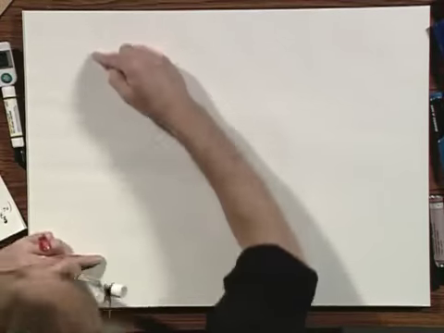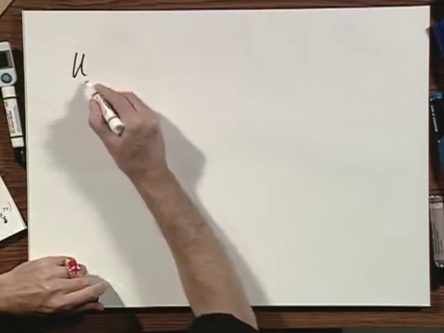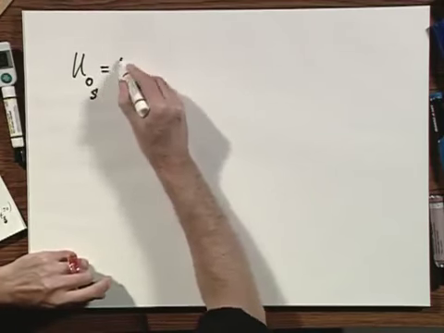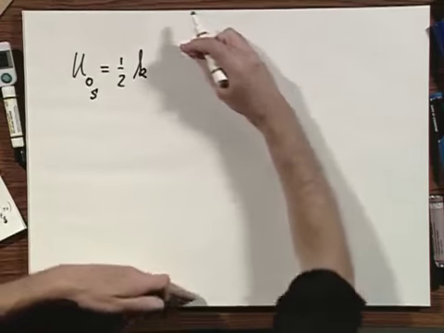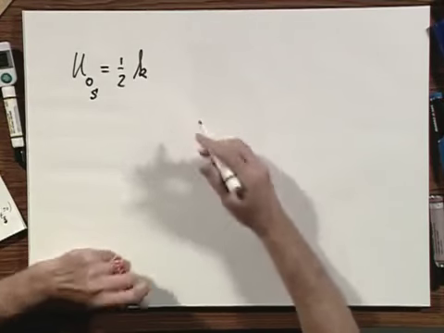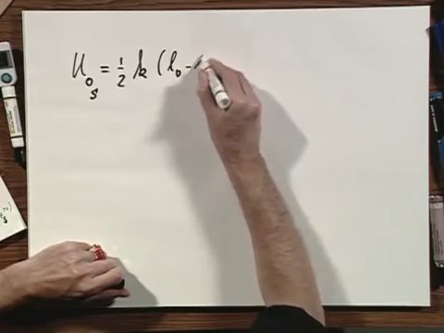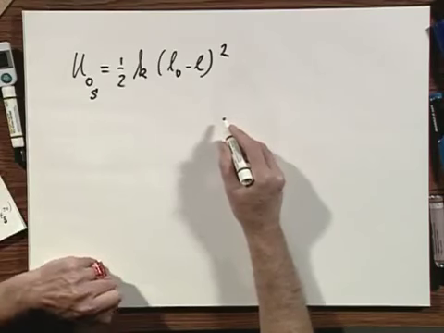So after I have squeezed, let's suppose that I've done a certain amount of work, and I have put in a certain amount of potential energy, which would be 1/2 k times the amount by which I have reduced the length of the spring, so that would be L0 minus L squared. That's the energy that I have put in.